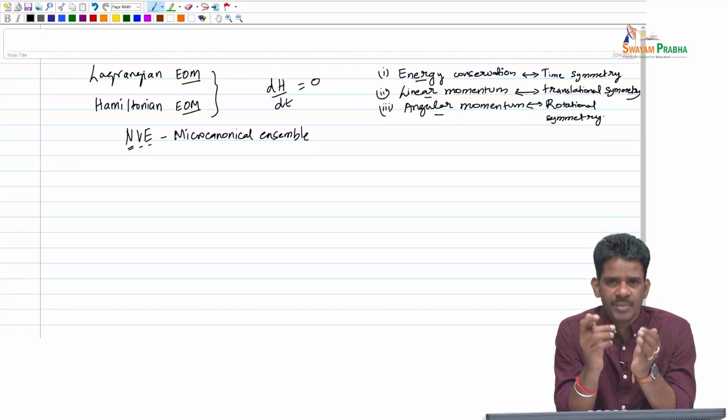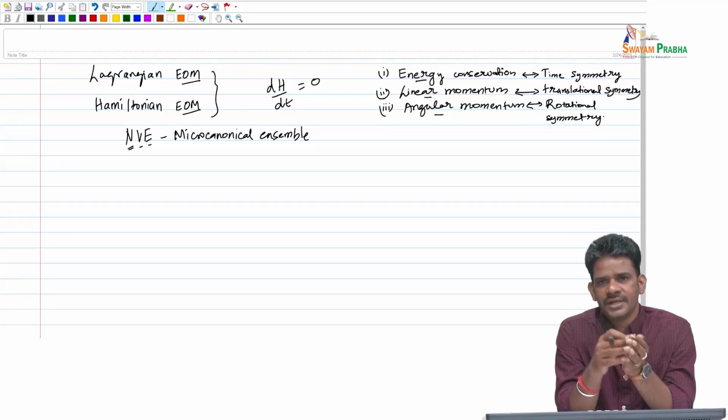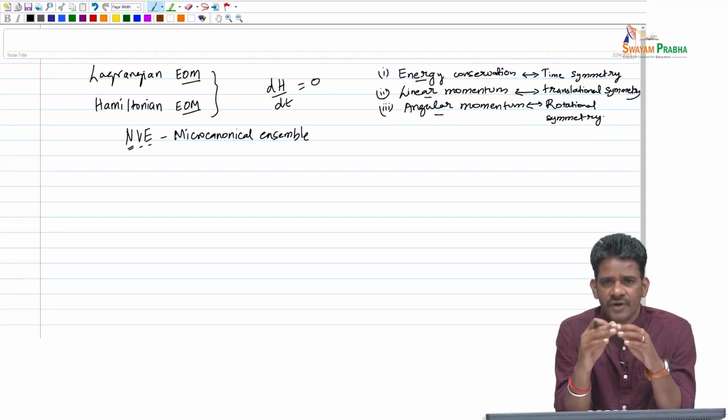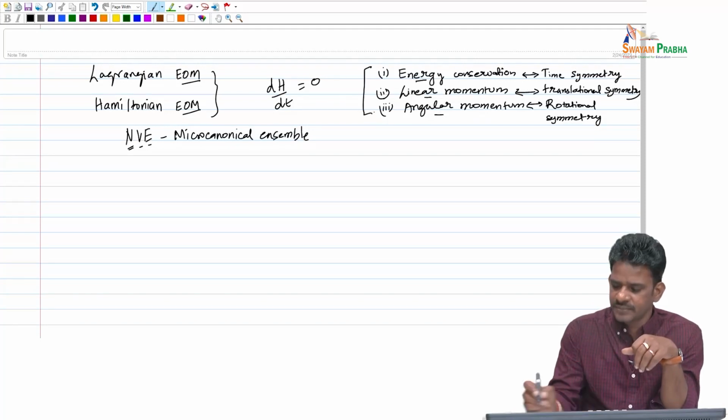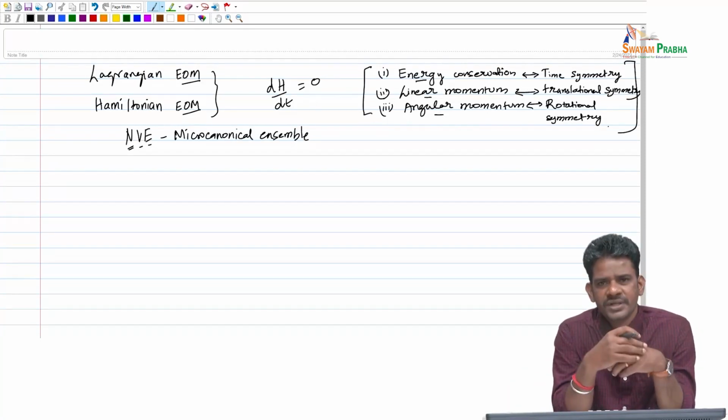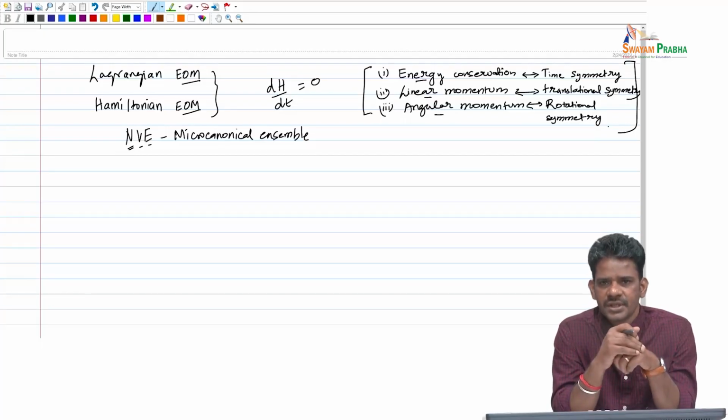And now when we apply these models and equations of motion to a periodic system, we want to ask ourselves whether the periodic boundary condition itself allows the conservation of these laws or not. And we want to know what the effect of periodic boundary conditions is on these conservation laws.